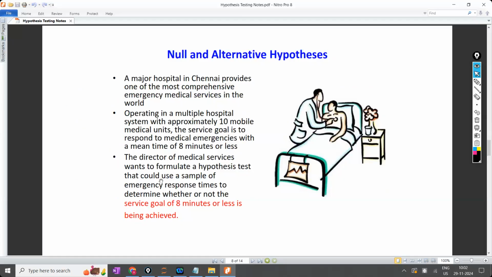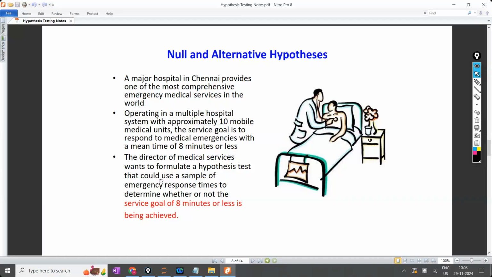What is the null and alternate hypothesis for this?